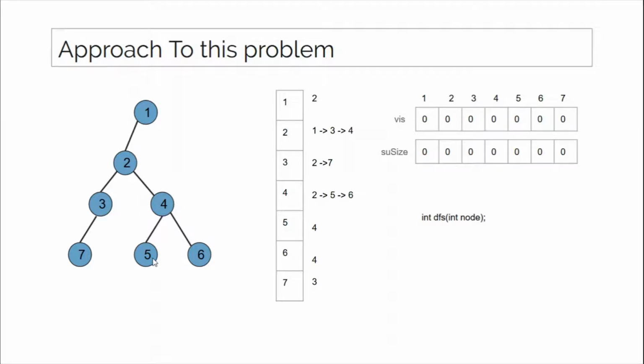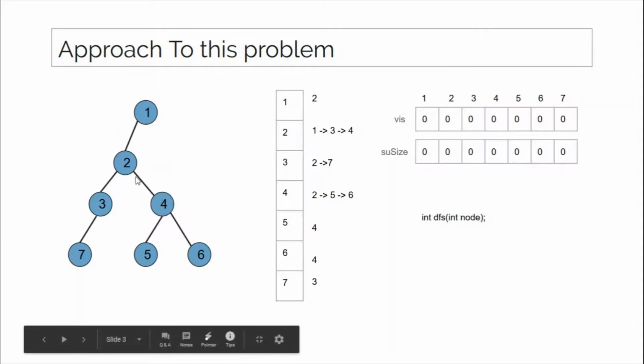Whenever you calculate the subtree size, it is important that the tree is rooted. That is, there must be a root defined. For example, if you consider node 1 as root, then all these become children of node 1, and the same goes for this complete subtree becoming children of node 2, and so on.